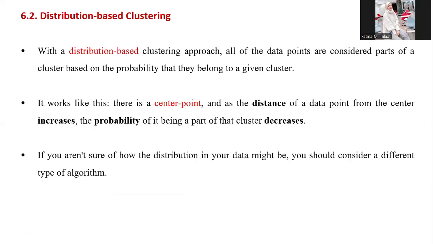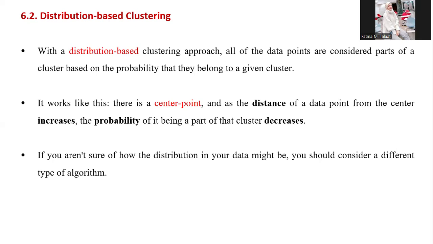The second type is distribution based clustering. With the distribution based clustering approach, all of the data points are considered parts of a cluster based on the probability that they belong to a given cluster. It works like this.